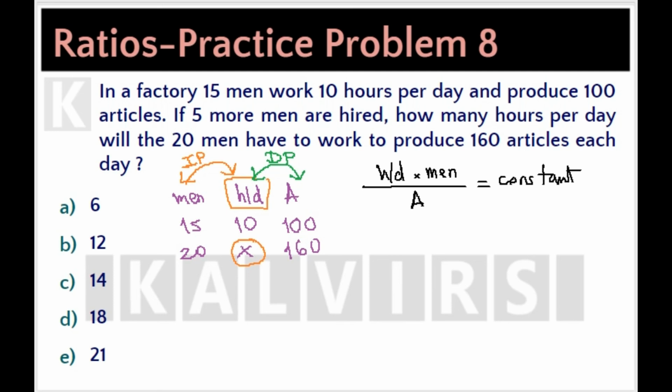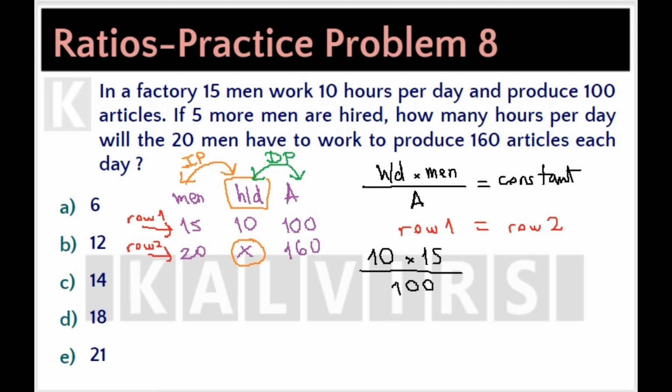It means that the constant for row 1 is the same as the constant for row 2. Next, 10 times 15 over 100 equals x times 20 over 160. We can cancel 0 and 0 here, 0 and 0 here.